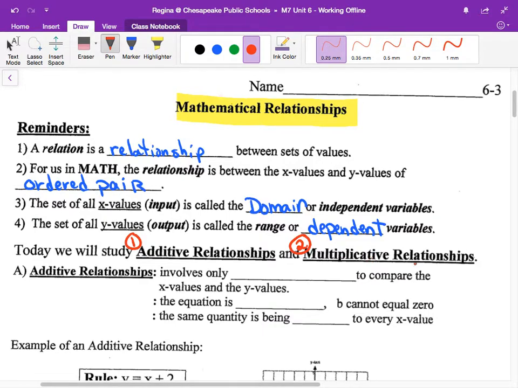So the word itself tells us what kind of relationship this is going to be. We're going to be multiplying something by x in order to get y. All right, so the title itself tells you what's happening. Additive relationship is going to involve addition or subtraction, because the opposite of addition is subtraction. And multiplicative means multiplication, but it could also mean division, because it's the inverse of multiplication.